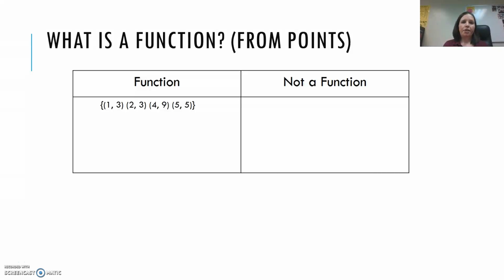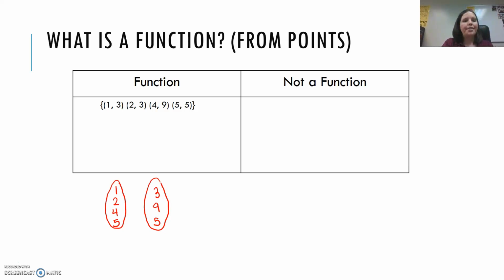So what is a function? We're going to look at 3 different situations here, and all of them are related, but you want to keep in mind that definition of function. Each input has one output. So if I look at this first example, I'm going to go back to the mapping diagram. If I list out my inputs here, 1, 2, 4, and 5, and I'll list my outputs here, I have 3, 9, and 5.